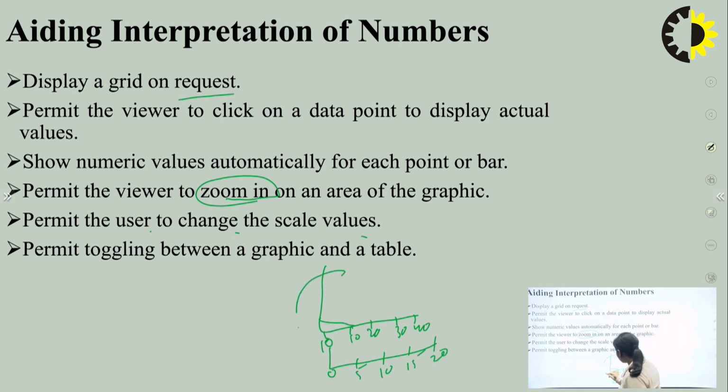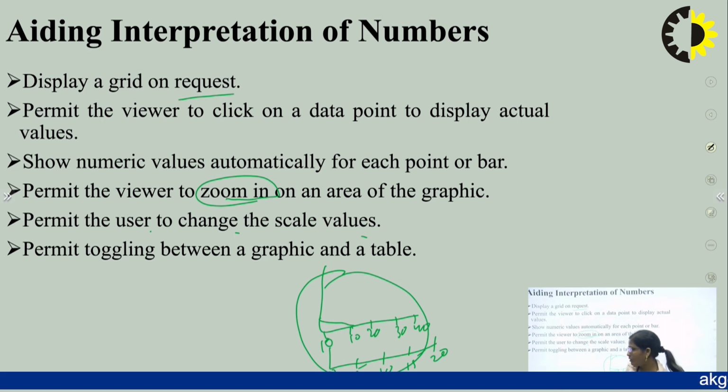So the user is allowed to change the scaling in our graph easily, because it depends on our data which type of scaling we require, whether it is a large extent or a small extent. Permit toggling between a graphic and a table.